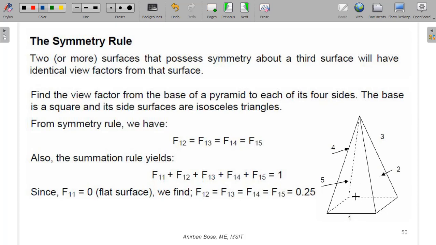So if you apply the summation rule, F11, F12, F13, F14, F15 must be equal to 1, and 1 is a plane surface, so F11 is 0, and F12, F13, F14, F15 are all symmetric, and the summation of these 4 symmetric values is equal to 1, so each of them must be equal to 0.25. So with the help of this kind of logic, without doing any integration, you can find out the view factors.